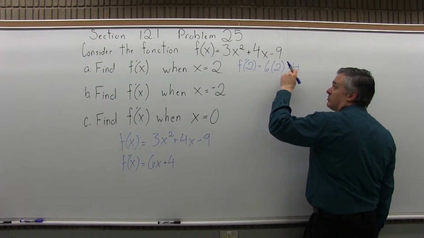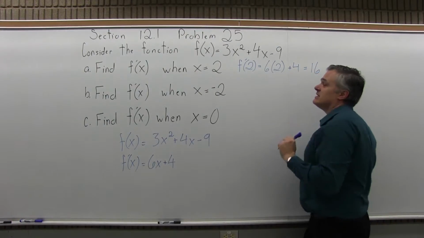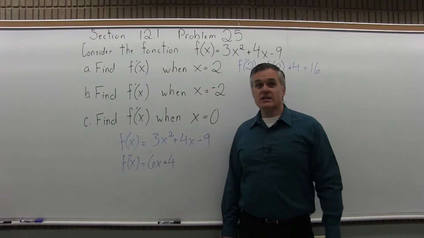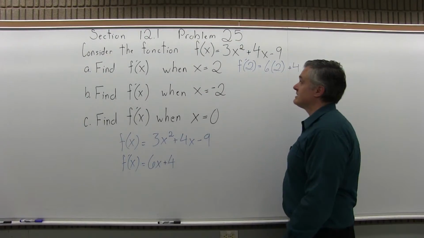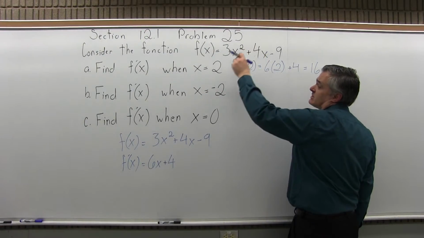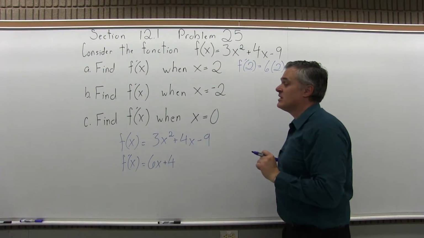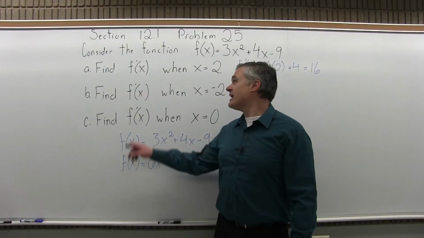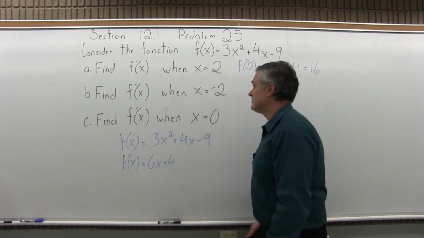So it'll be 12 plus 4. 12 plus 4 is 16. So when x is 2, f prime of x is 16. So what that's telling you is if you could graph this, when x is 2, the slope at that point would be 16.